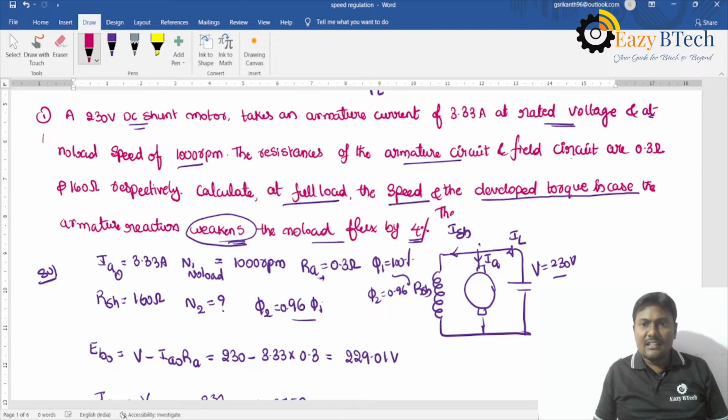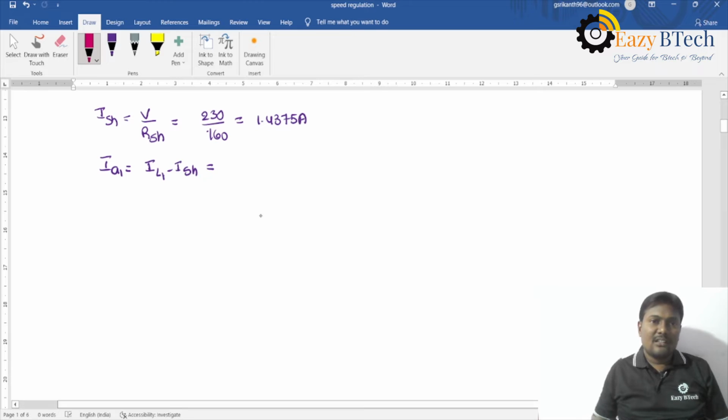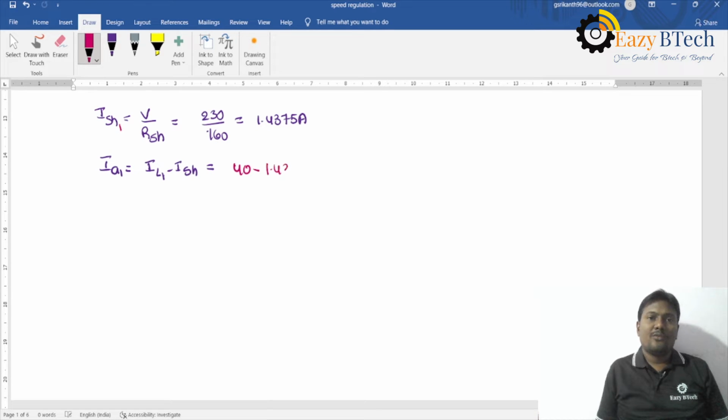The line current at full load and rated voltage is 40 amperes, so in the question you can add that. So IL1 is 40 amperes and ISH is 1.4375, so IA1 is equal to 38.5625 amperes.